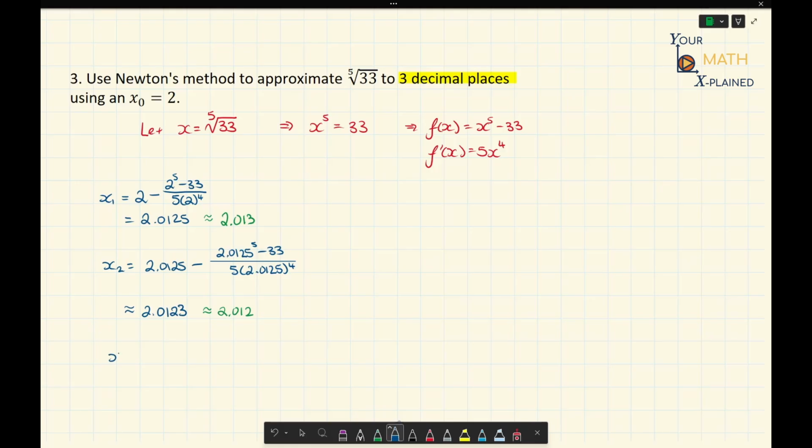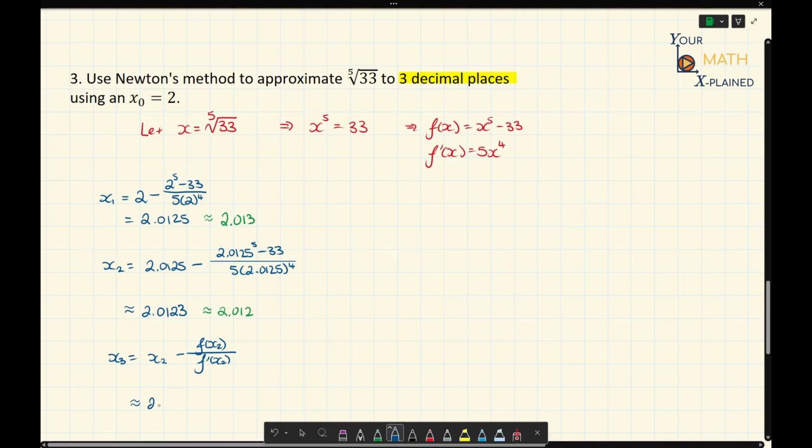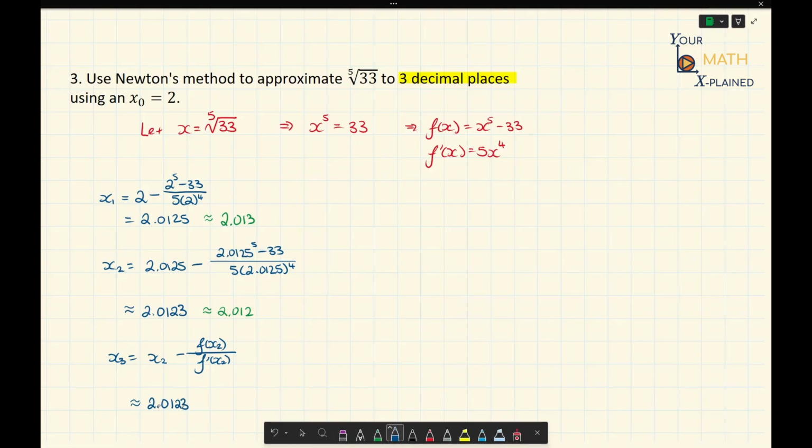So we would have x3 is equal to our x2, and make sure that when you're doing this, you're inputting the full value of x2 and not the rounded number for x2. So we would use x2, and then that would be minus f of x2 over f prime of x2. So if we use the full value of x2, this is roughly 2.012346.